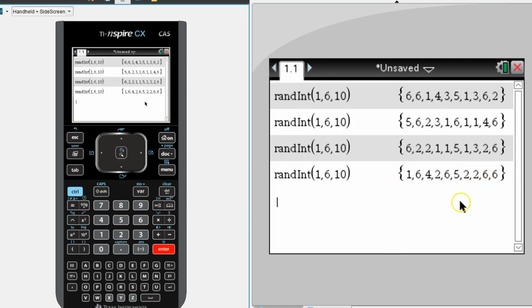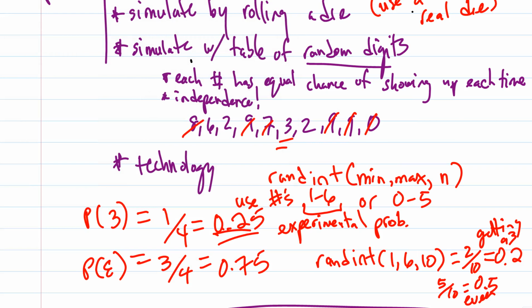So the idea is, in theory, it should be 5, but when I do random digits, you can actually get 8 evens out of 10. Just like later on, if I kept doing this, I might get 2 evens out of 10. The idea is it will balance out over time. So the experimental probability, we get it basically jumping a lot more up and down around the truth, but over time it should approach the truth.